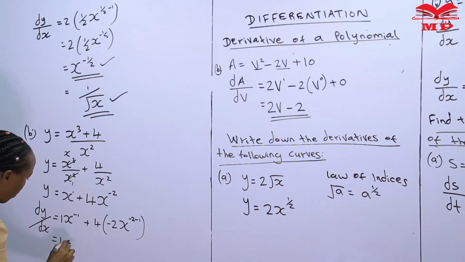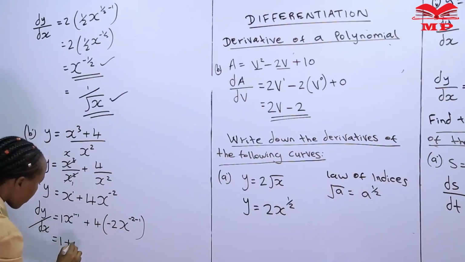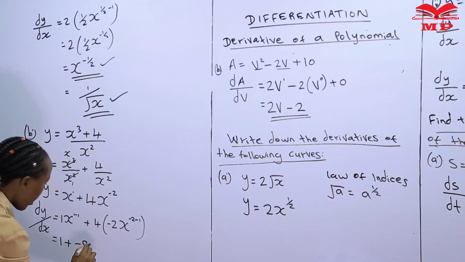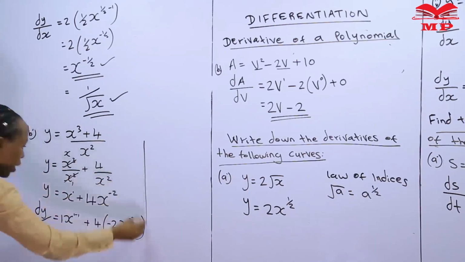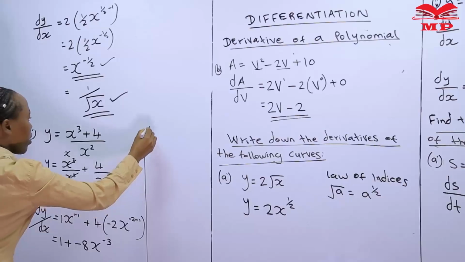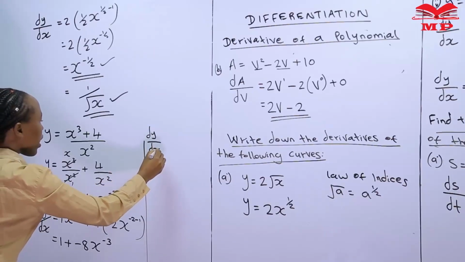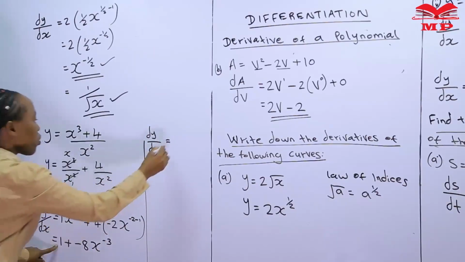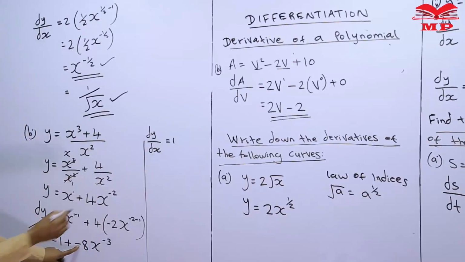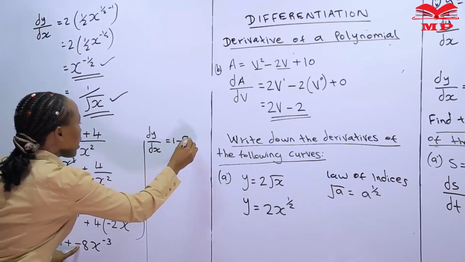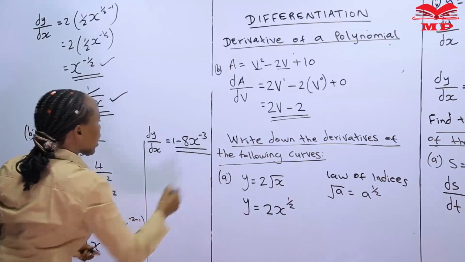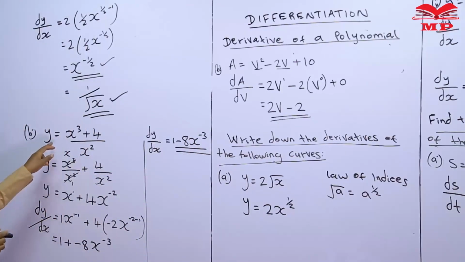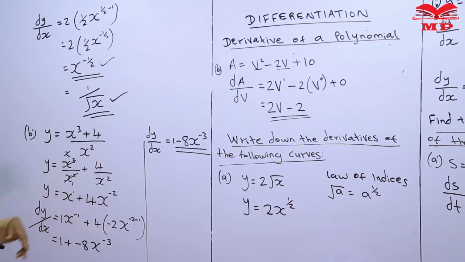So we have 1 plus, this is negative 8, negative 8x raised to power negative 3. So dy all over dx will be equal to 1 minus 8x raised to power negative 3. So that is the derivative for the equation y is equal to x cubed plus 4 all over x squared.